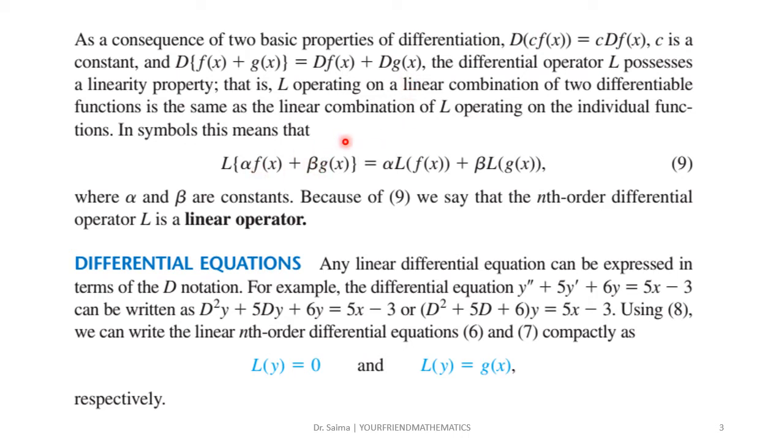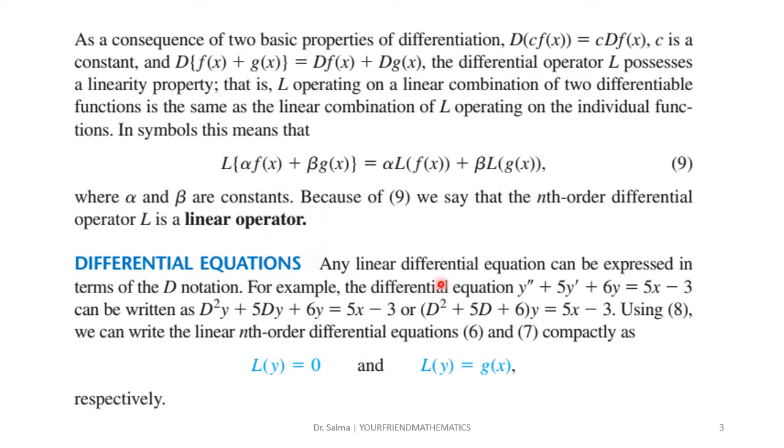If we write the linear combination of the differential operators as L, then when it is applied on two functions f(x) and g(x), where alpha and beta are constants, it can be written as alpha L of f(x) plus beta L of g(x). So we can say that the linear combination of operators is also linear, where L is a linear operator.